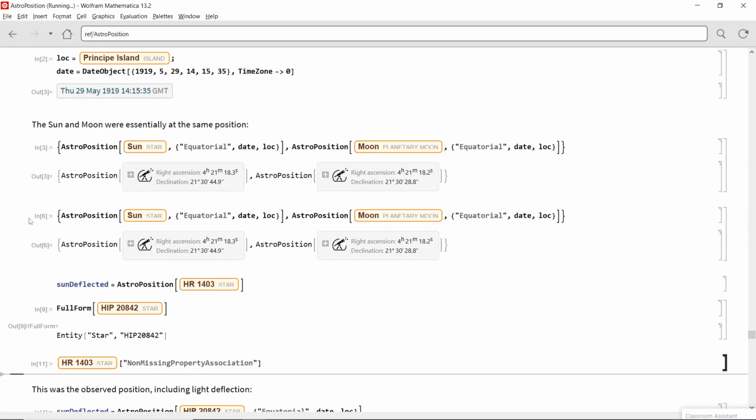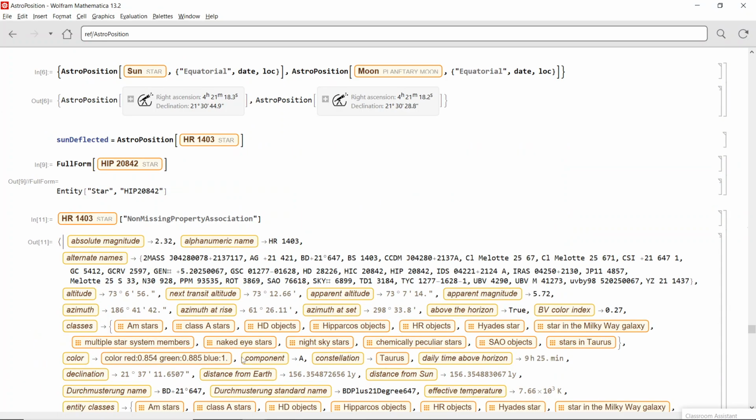Non-missing property association. Alternate names HIP. Says alternate name HIP 20842. Classes.